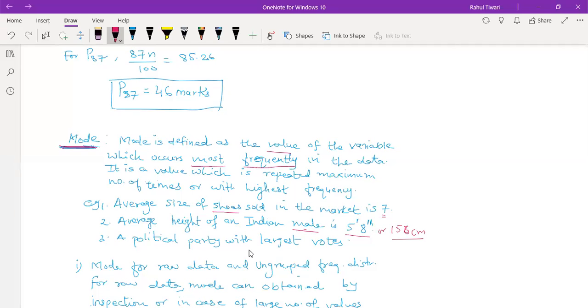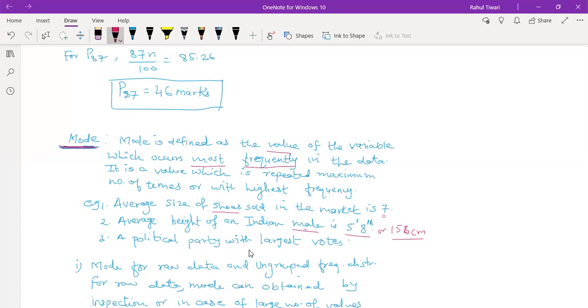Looking at this criteria, everybody can understand what type of t-shirt or pant, or different types of things, should be manufactured in the market by companies, looking at the mode value of Indian height. Getting my point? So modes are very commonly used in the market and by manufacturing companies.